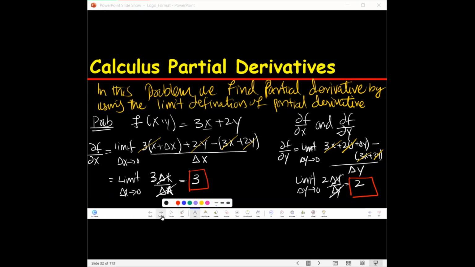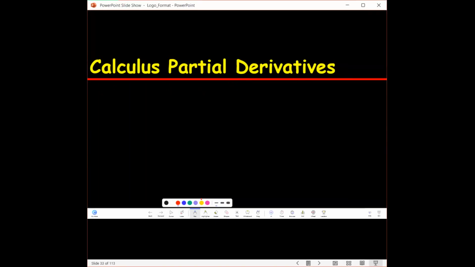So there is another rule we use, the quotient rule, right? And the quotient rule is really applied whenever you have a function in a derivative, right?